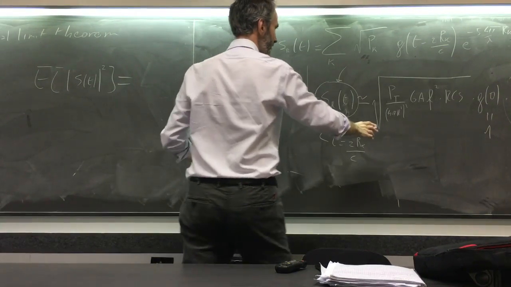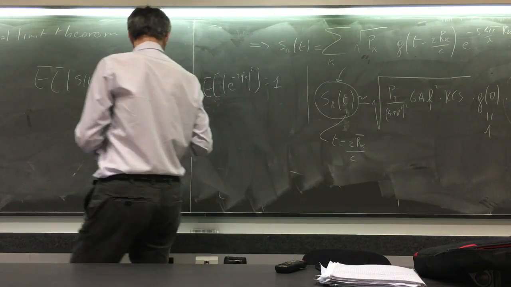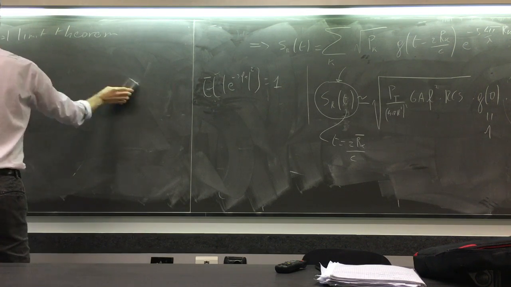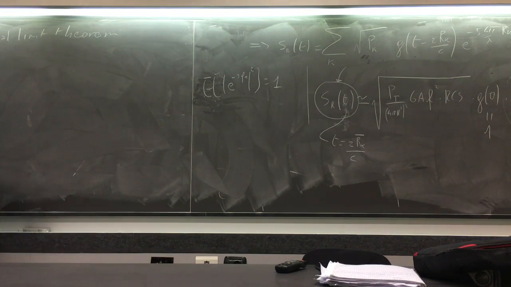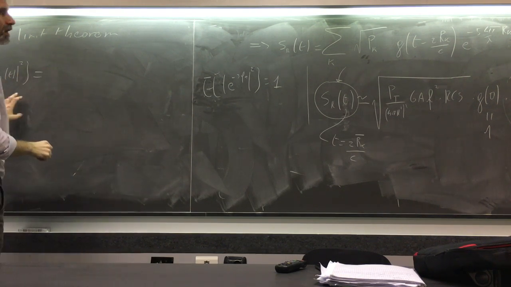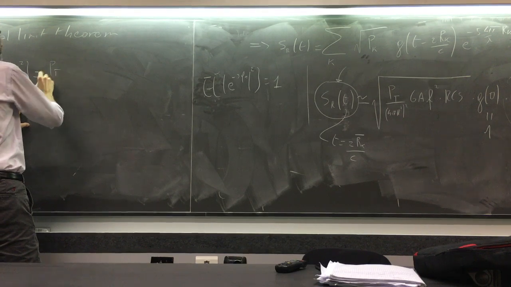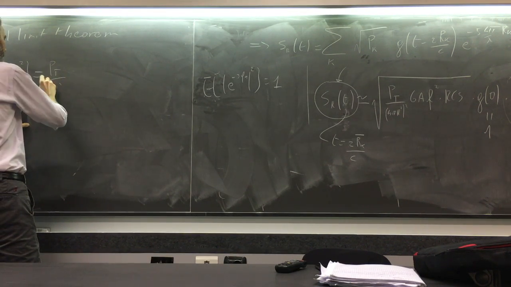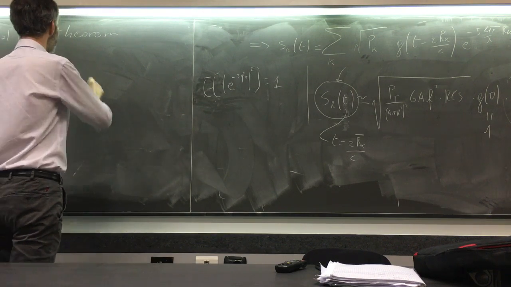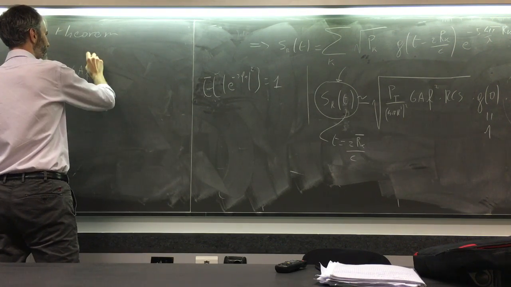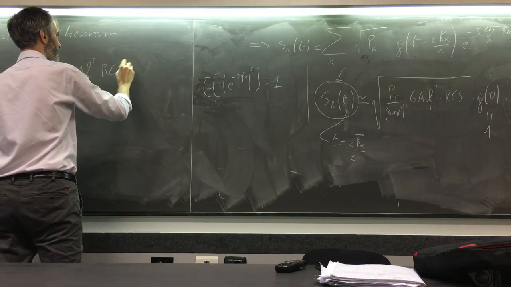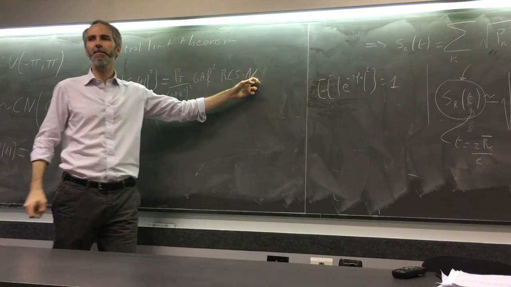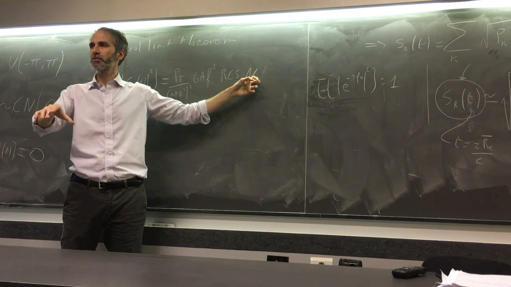Let's say it is these terms squared multiplied by n, where n is the number of targets in my resolution cell.